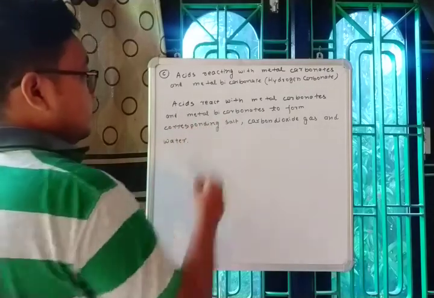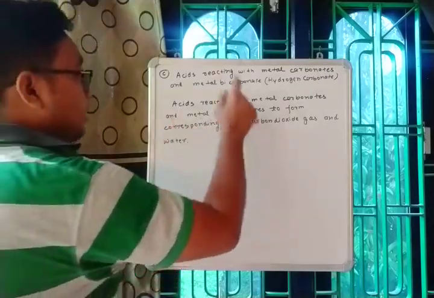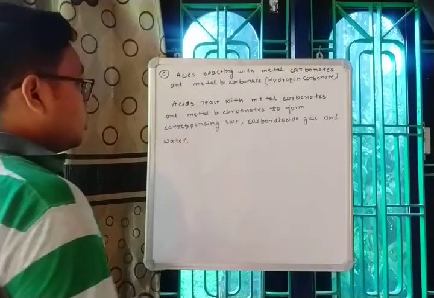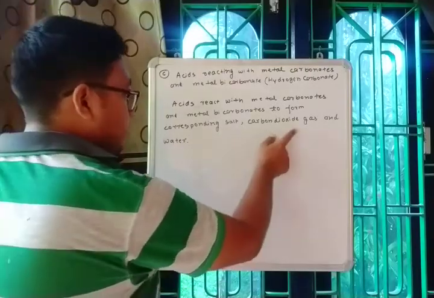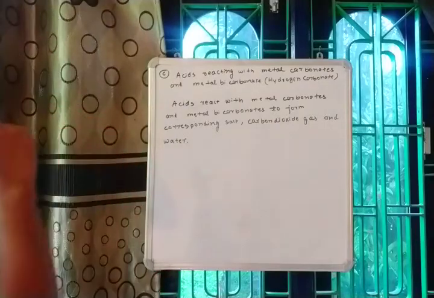So write down this. Acids react with metal carbonates and metal bicarbonates to form corresponding salt, carbon dioxide and water. So this time we are having three products with us.